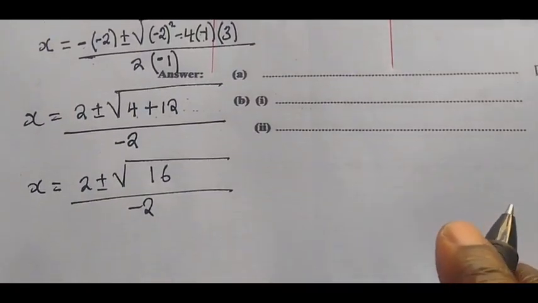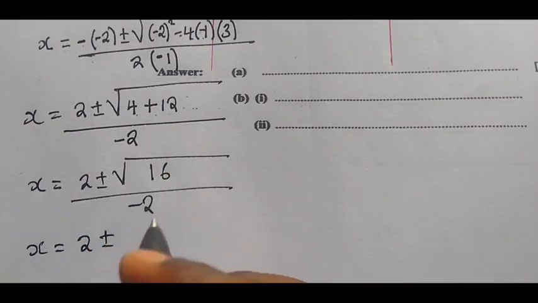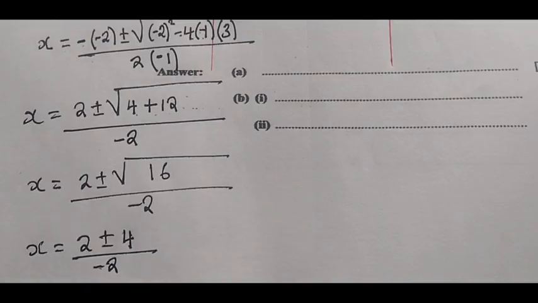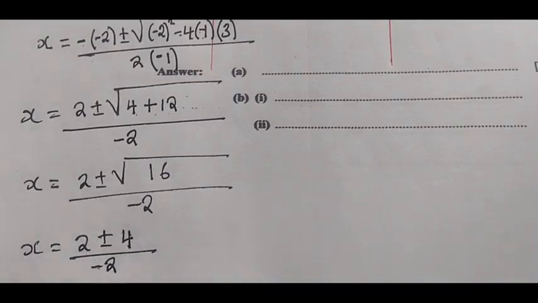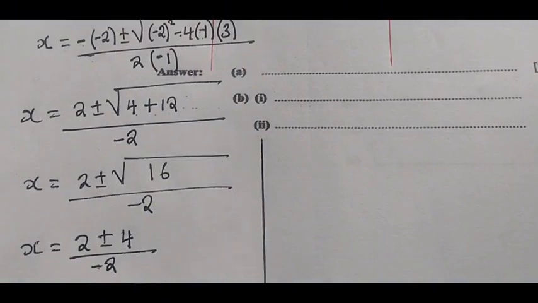Okay, I hope we are moving together. So x is equal to 2 plus or minus, what is the square root of 16? It's 4. Okay, over negative 2, like this. Okay, so from here, let me just write here.